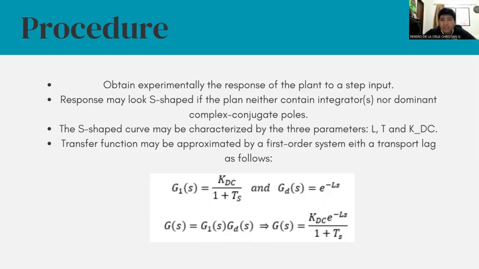We have two equations. In the first we have the gain divided by 1 plus TS, and so the multiplication of G1 and GD gives G(s). And G(s) has one formula that we explained.